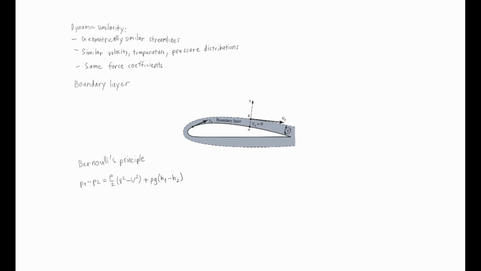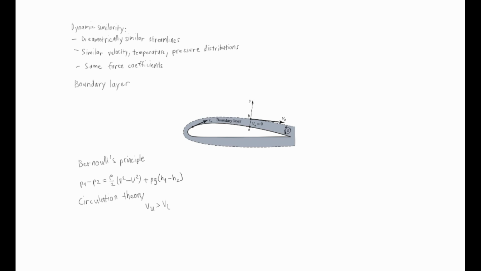The second concept would be the circulation theory, which explains that the speed on the upper surface of an airfoil is faster than the speed on the lower surface, which creates a net circulation.